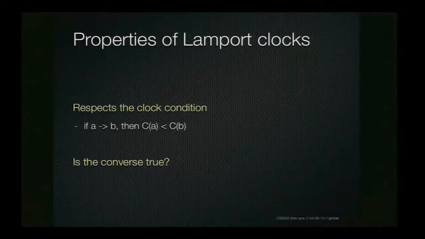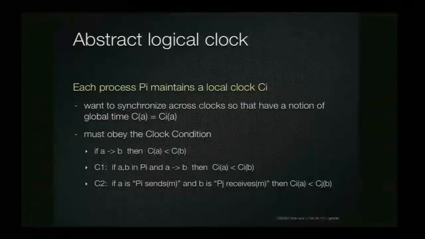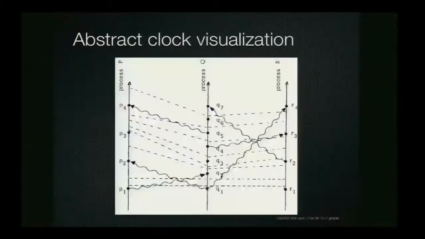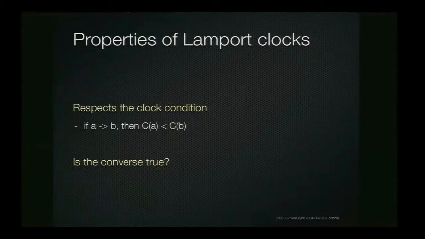Okay, so here's a proposed implementation of a logical clock. We can basically show that these two implementation conditions meet these two clock conditions, and therefore this implementation of the logical clock has this property that if A happened before B, then the clock timestamp of A is less than the clock timestamp of B, which is great. Is the converse true?